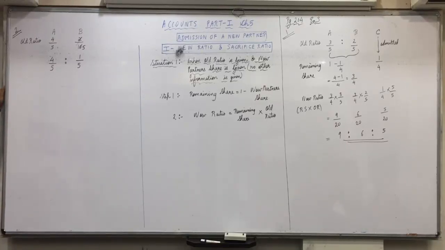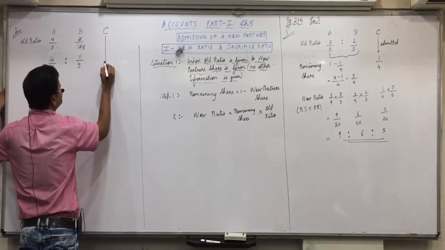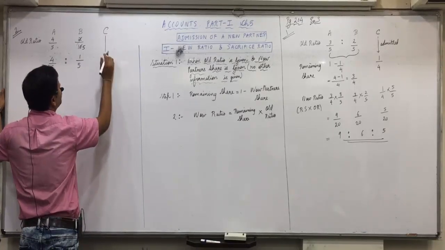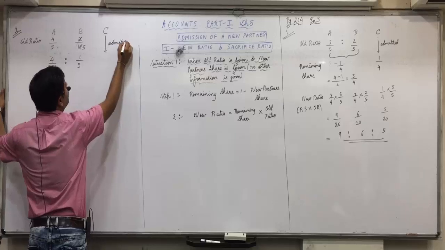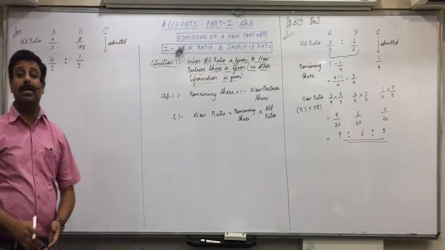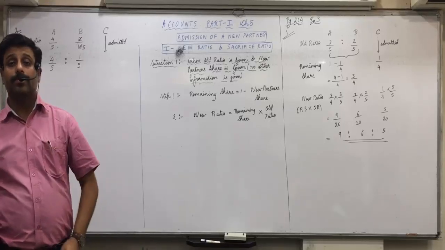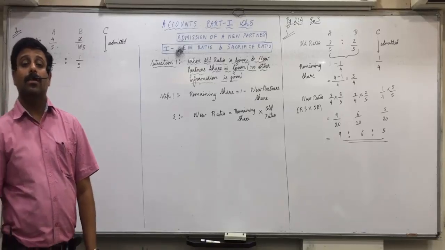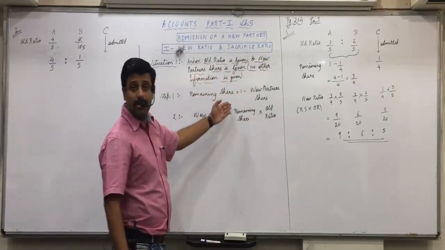Did you understand this? Now they admitted C as a new partner for 20% profit of the firm. 20% is new partner C's share.